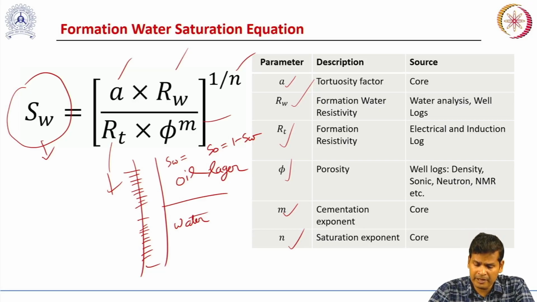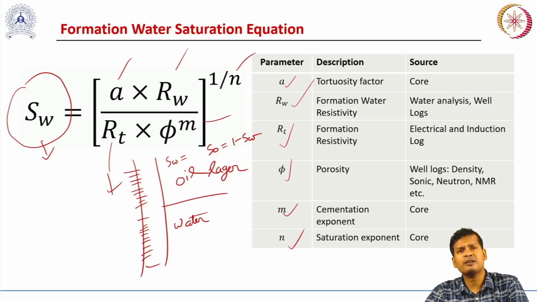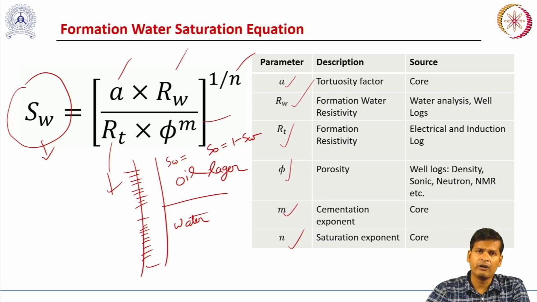Another approach would be to use this Hingle and the Pickett cross plot, where you can calculate the formation water saturation without calculating the formation water resistivity or the porosity first. In certain cases, for example, the Hingle cross plot can provide you formation water saturation by plotting the resistivity data and the porosity data on a cross plot, and you can estimate the formation water resistivity from this cross plot very easily.